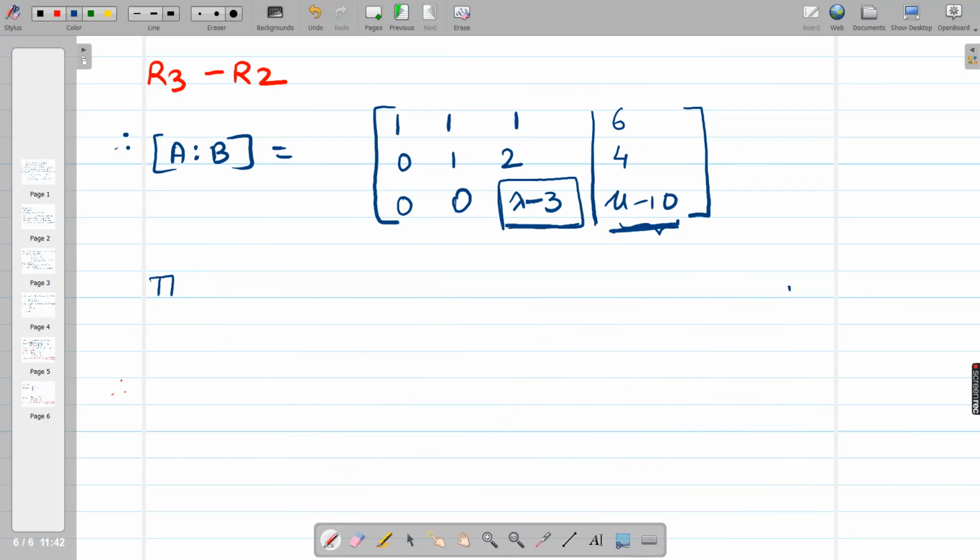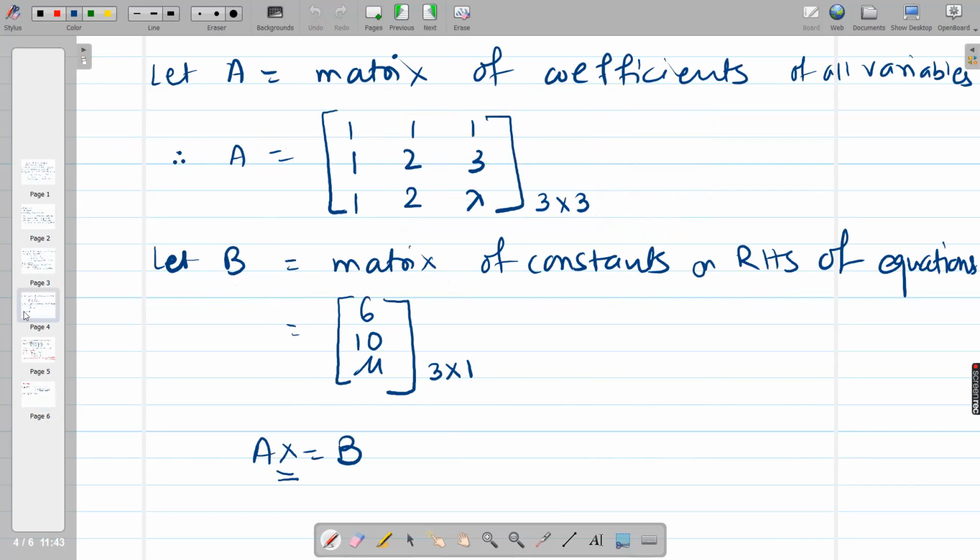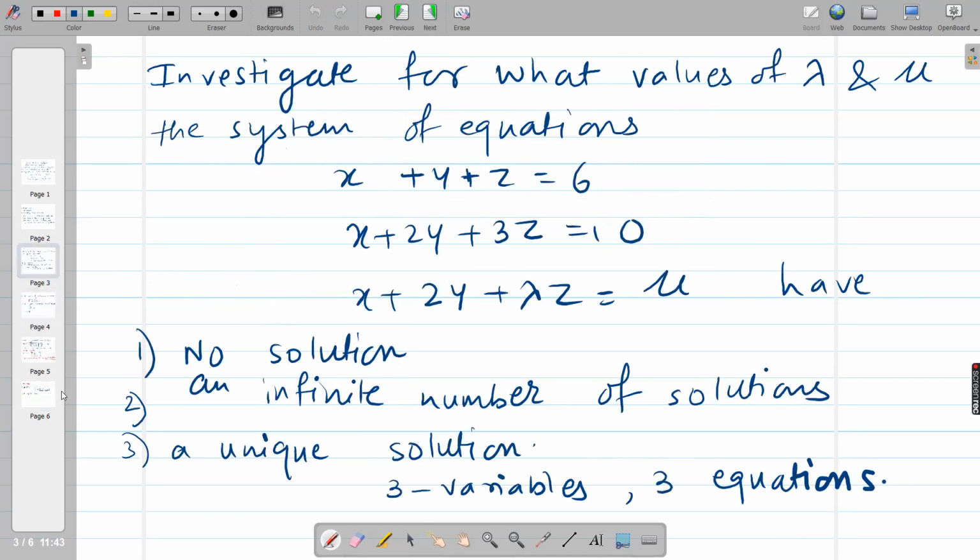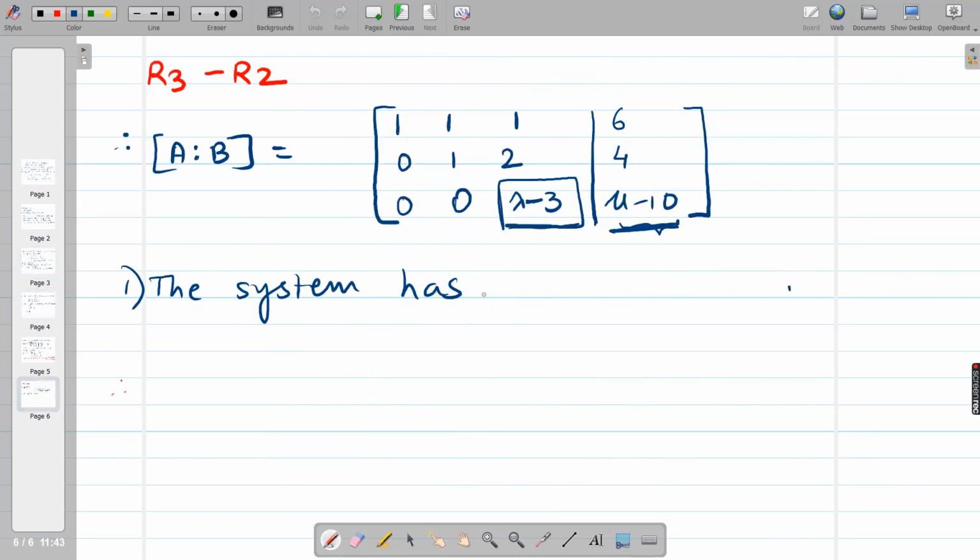So the first one, which one had we written first? No solution. Okay. So let us first discuss no solution only. We will go in the same order. The system has no solution. When will the system have no solution?